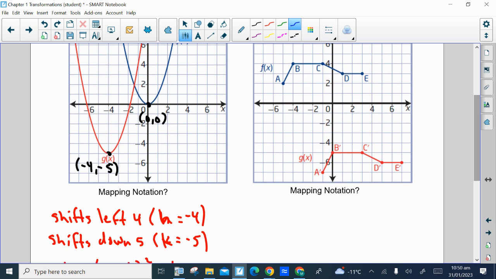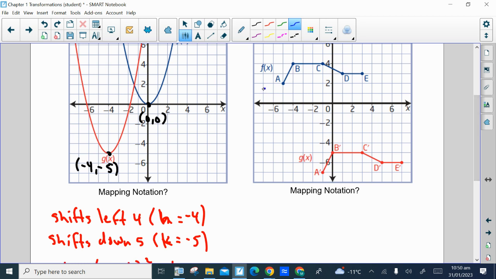So for the second one, we're going from f at x to g at x, and note that the points are labeled A and A prime. B became B prime, C became C prime, and so on. So we're just going to choose one of these points.